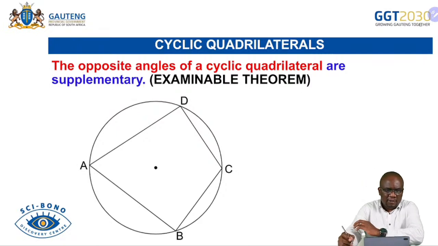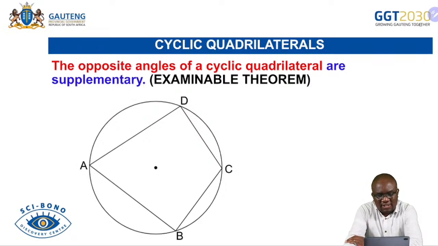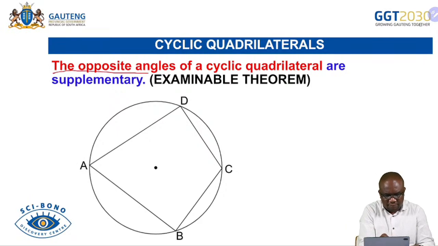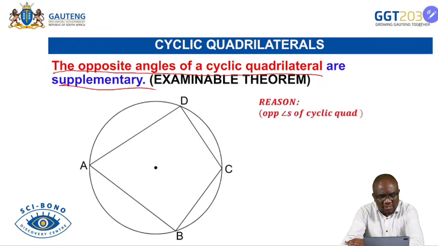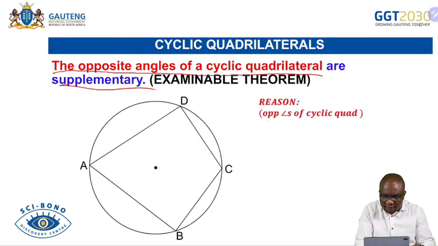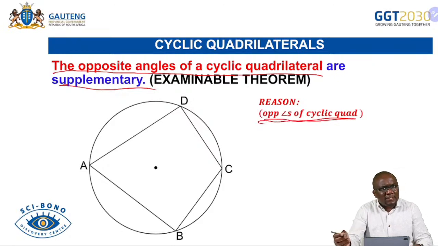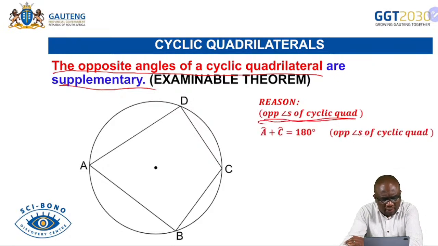Opposite angles of a cyclic quadrilateral are supplementary. They add up to 180 degrees. So we're saying here, before I go there, opposite angles of a cyclic quad. That's the reason. So angle A plus angle C is equal to 180 degrees because these are opposite angles of a cyclic quad.